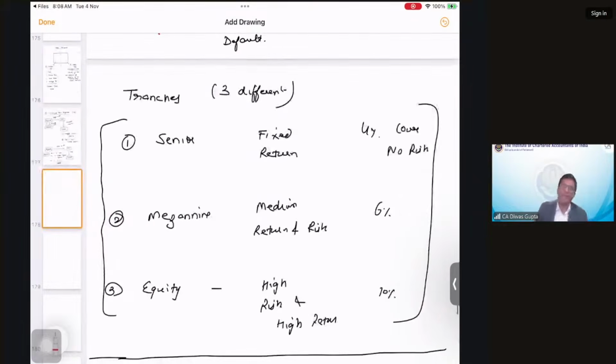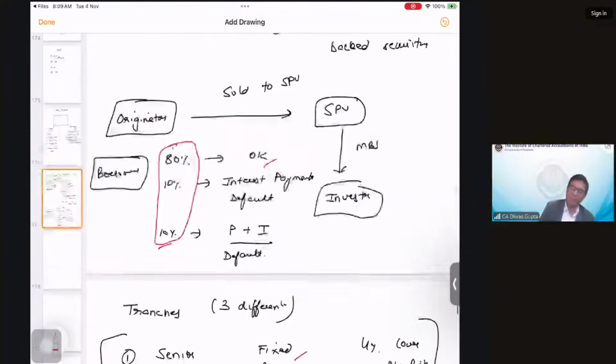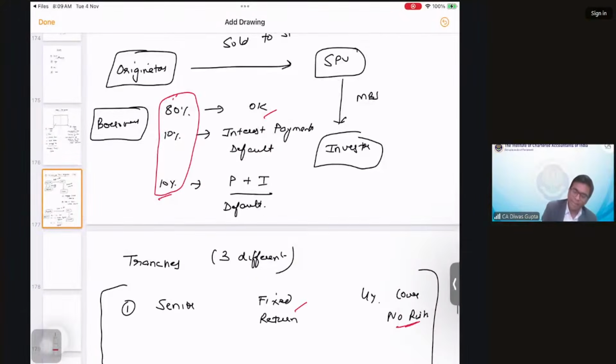Now, what was happening here? There were three different tranches: senior, mezzanine, and equity. Now, what was the purpose of creating three different tranches? One, if there is a fixed return without risk, right? Let's say these are from the point of view of investors, students.